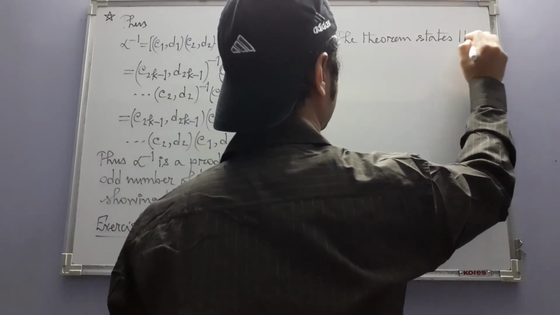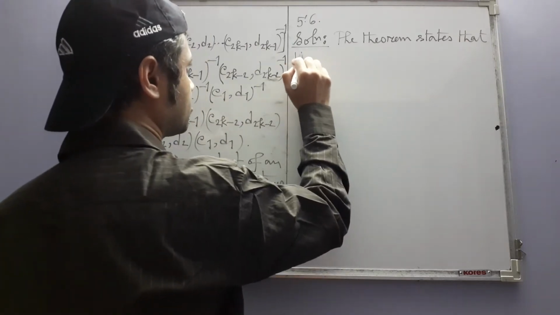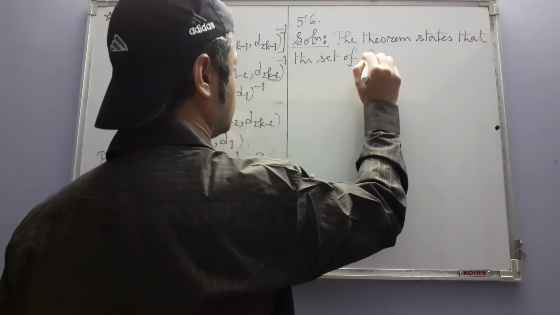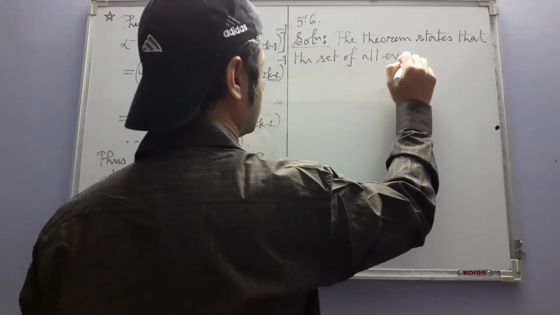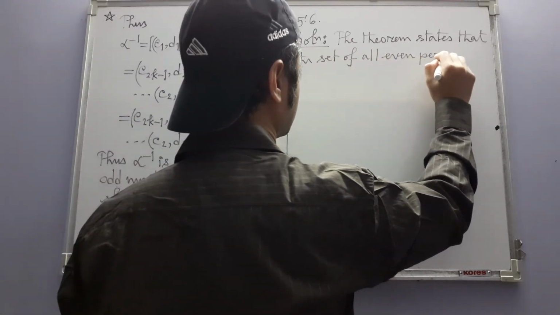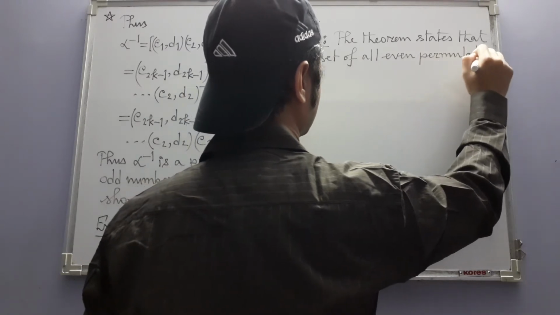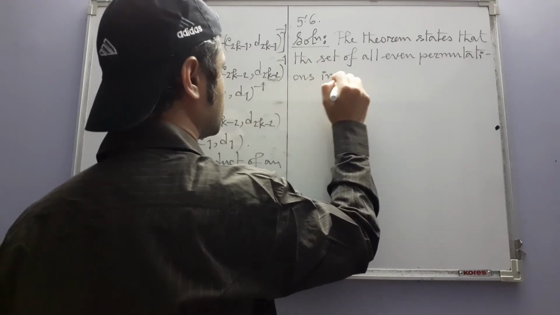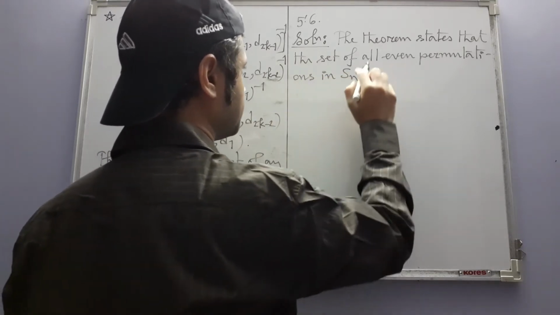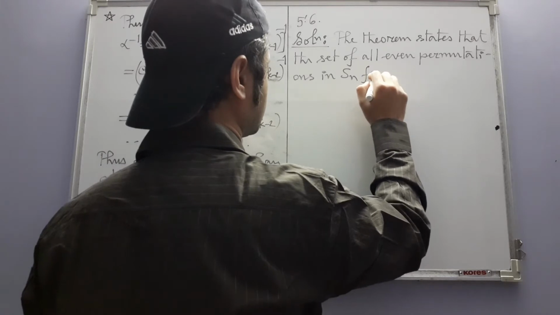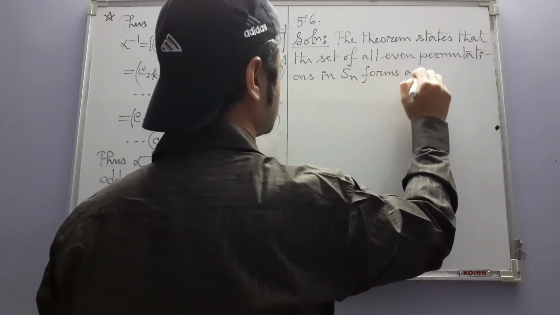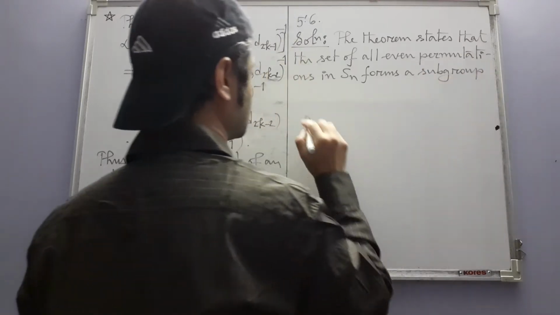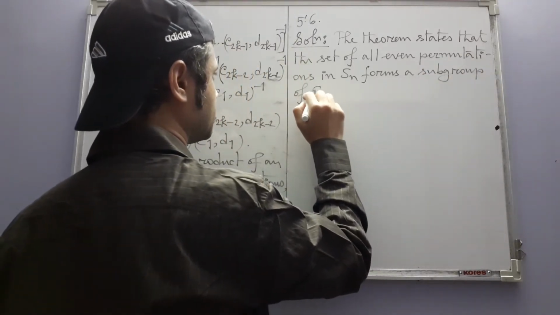The theorem states that the set of all even permutations in the symmetric group Sn forms a subgroup of Sn.